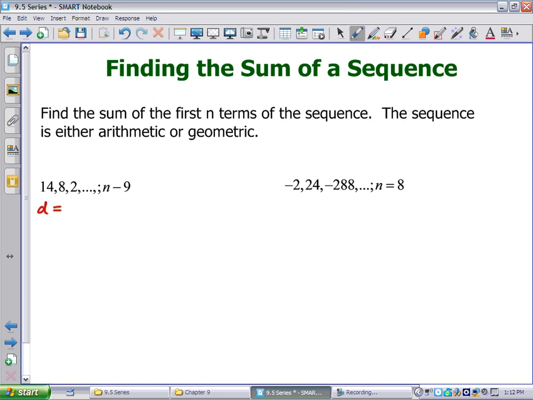So just showing that 2 minus 8 is negative 6, or 8 minus 14 is negative 6. So your d is negative 6. Our first term is 14. They have not given us our last term, but they tell us that they want us to use n equals 9.